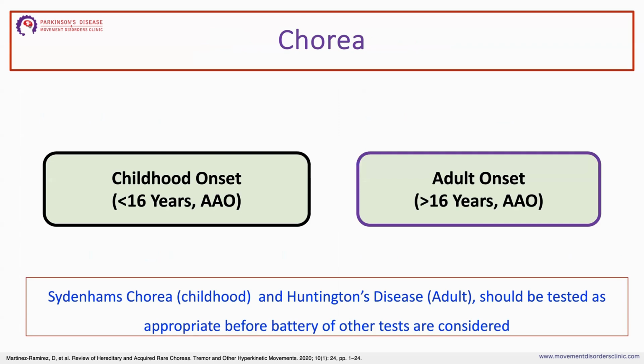Sydenham's chorea is a classical example of childhood onset, and Huntington's disease is a classical example of adult onset chorea. Always remember, in any patient with suspected chorea, these two disorders need to be kept in mind, and appropriate testing has to be done before any further extensive battery of workup is considered.